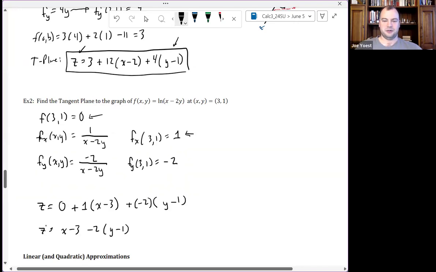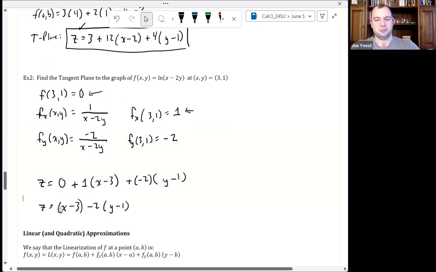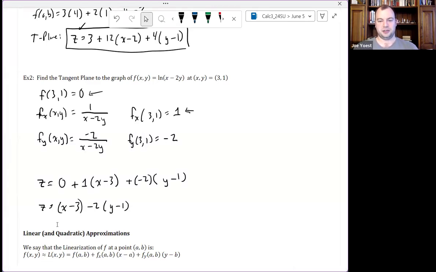And here, just for my conceptual clarity, I would probably put parentheses around the x - 3. It's certainly not wrong if you don't do that. It's not necessary. But this just reminds me that the perspective I'm taking here is deviations of x from 3 and deviations of y from 1 cause deviations from that point of tangency.